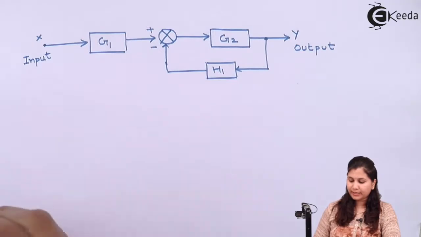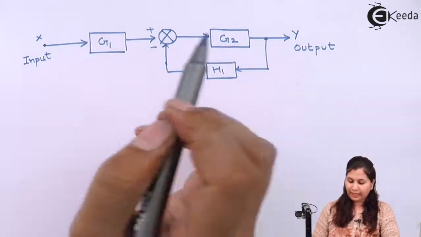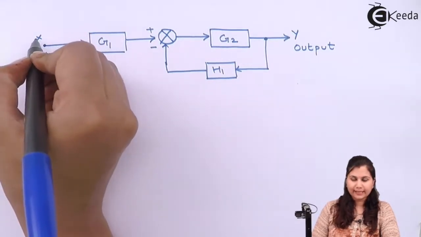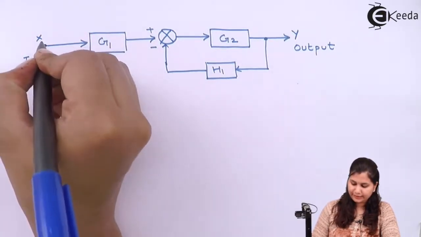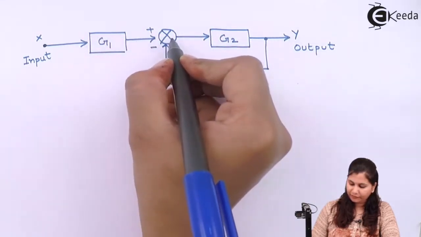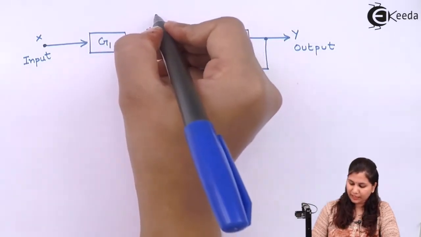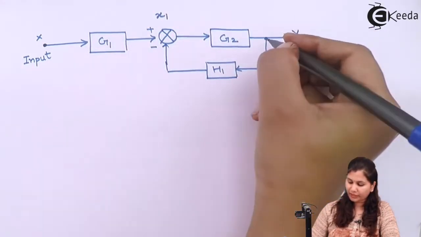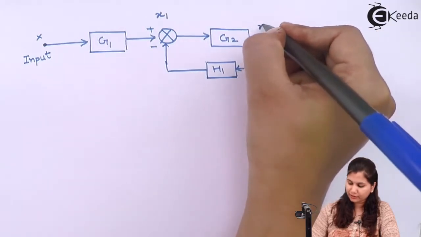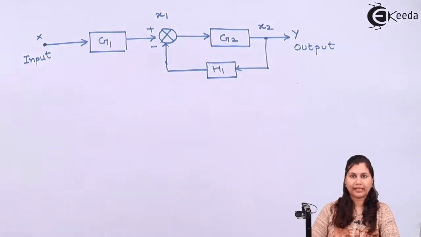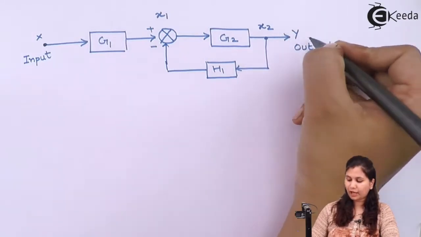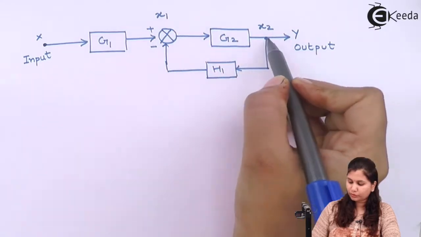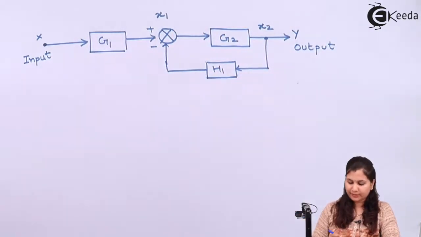First take the nodes for each variable. This is the input, x, so it is our node x. Again we have a summing point, for this we will have a node x1, then we have block G2, then we have this takeoff point. This takeoff point will be taken as the node x2 and this is the output node y. So there are 4 nodes.